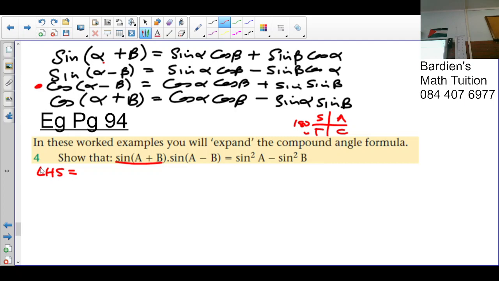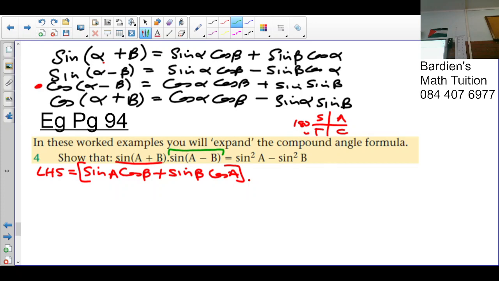You all agree with that? So that I'm going to expand as sin a cos b plus sin b cos a. And that must be multiplied by this here. Can you see that?